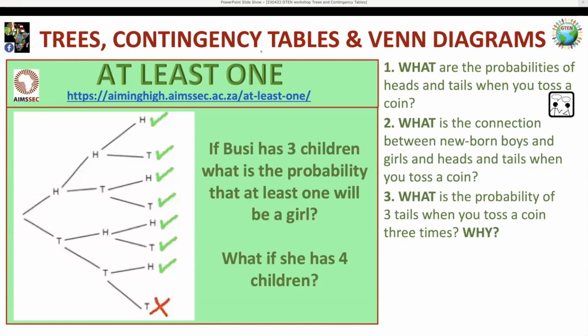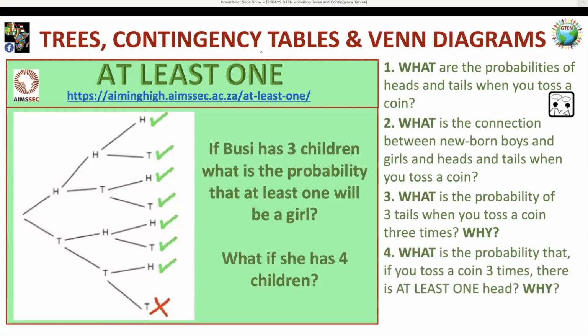Why is that probability what it is? What is the probability that if you toss a coin 3 times, there is at least 1 head? And why? So it's probability of 3 tails and at least 1 head.